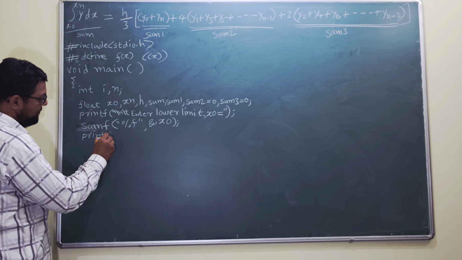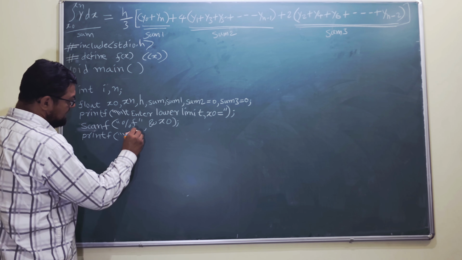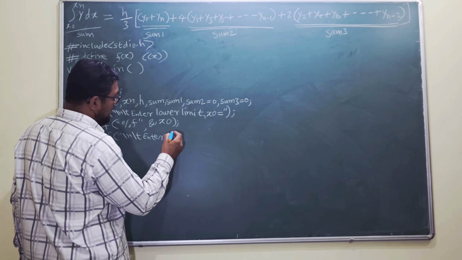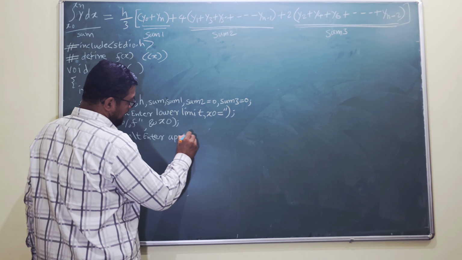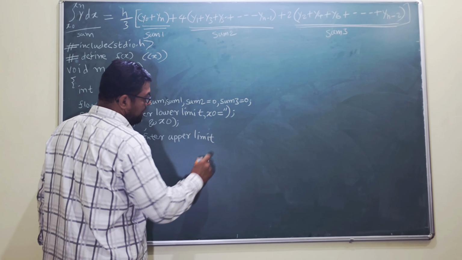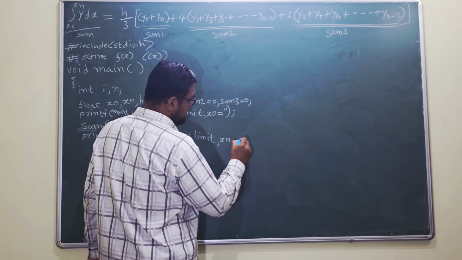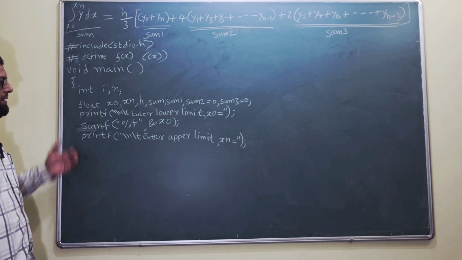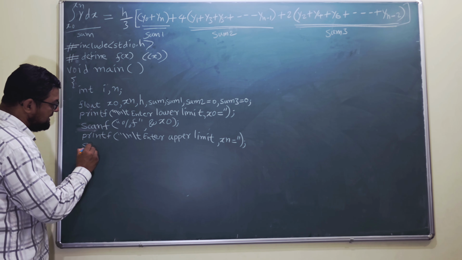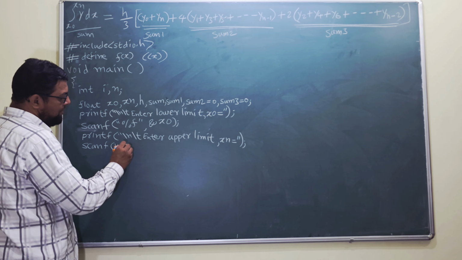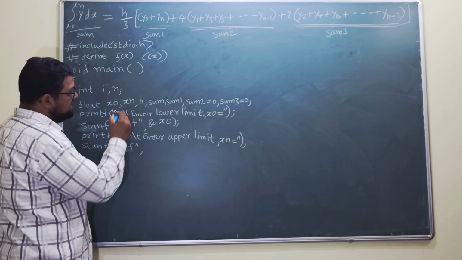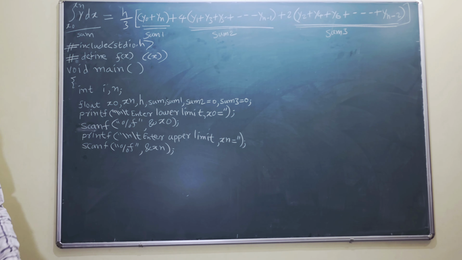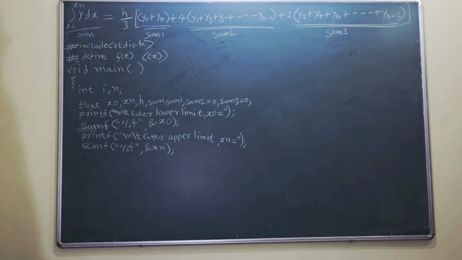So I will write here printf and \n \t, enter upper limit, say xn is equal to, and then after that we have to take this as a scanf statement. Through scanf we will have percentage f again because it's a float one, and we have xn. Then number of parts we have to enter through this type of thing only.